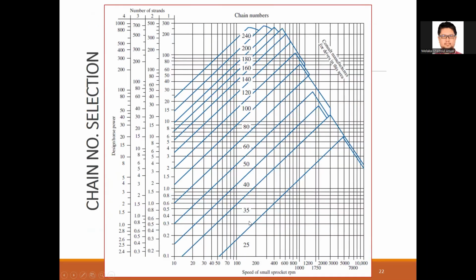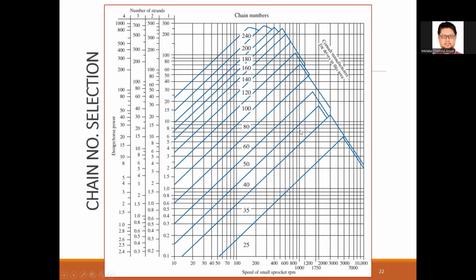Okay, so here we have plenty of chain numbers to choose from, and from this we have the RPM on the bottom and also the power on the y-axis, and this depends on whether you have 1, 2, 3, or 4 strands. Okay, so you can put them in parallel.